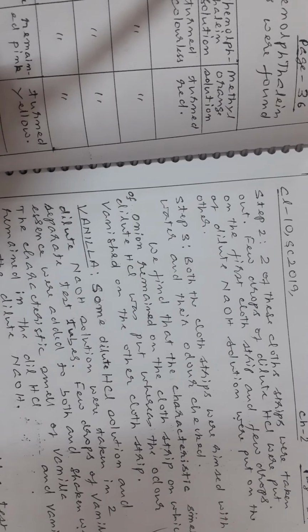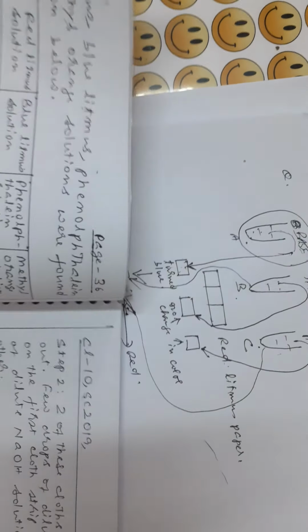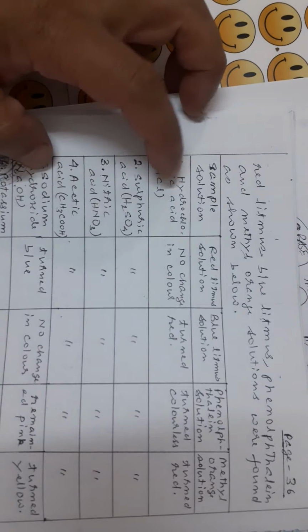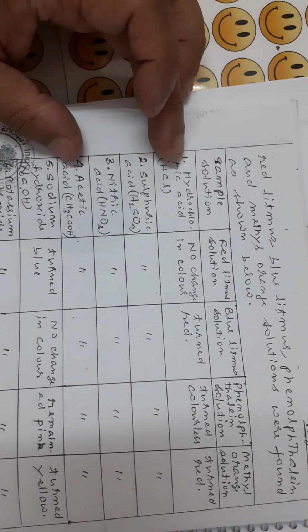The color changes were observed like this. As you do this experiment, we found that hydrochloric acid, sulfuric acid, nitric acid, acetic acid, up to here 4, when you put 1 or 2 drops of red litmus, there is no change, and only acid can do that.